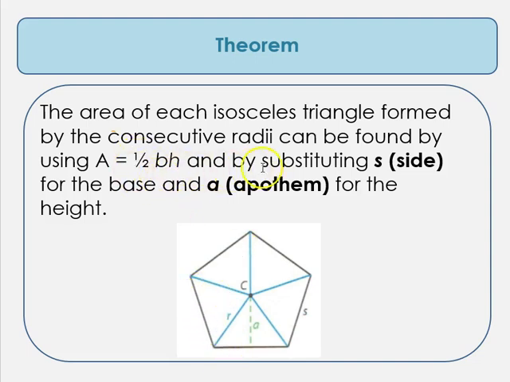And instead of saying B, it'll be 1/2 S. And we're going to use the A for apothem for the height. Now you can see how the apothem fits in. The apothem is actually the height of the triangle formed by the radii. So this would give us a formula of A equals 1/2 SA.